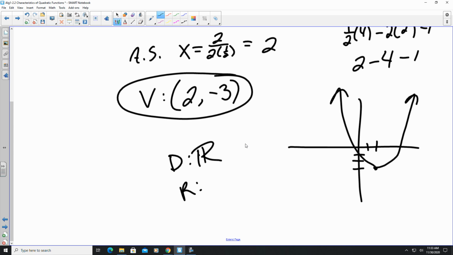So y is going to be greater than or equal to, in this case, -3. So everything that you put into that table is going to be either equal to or larger than -3. Okay.